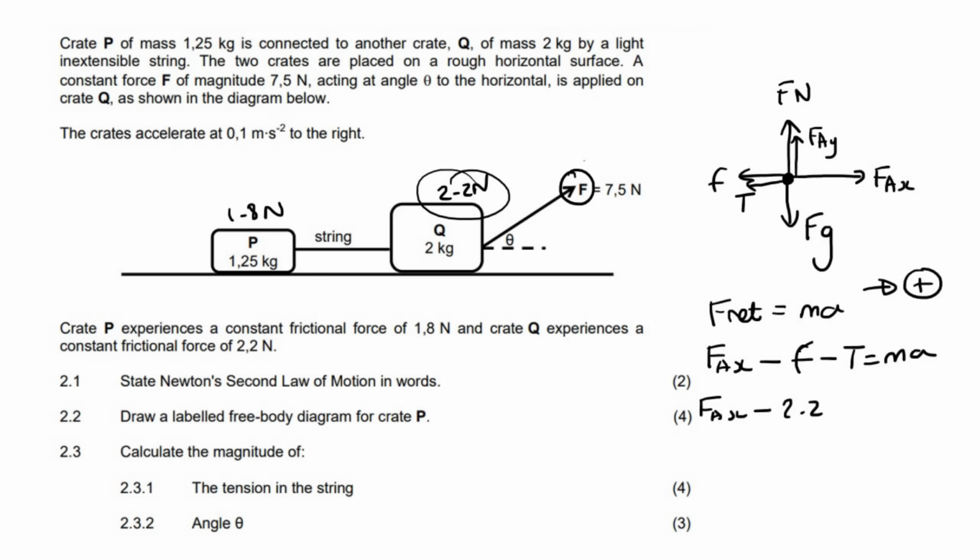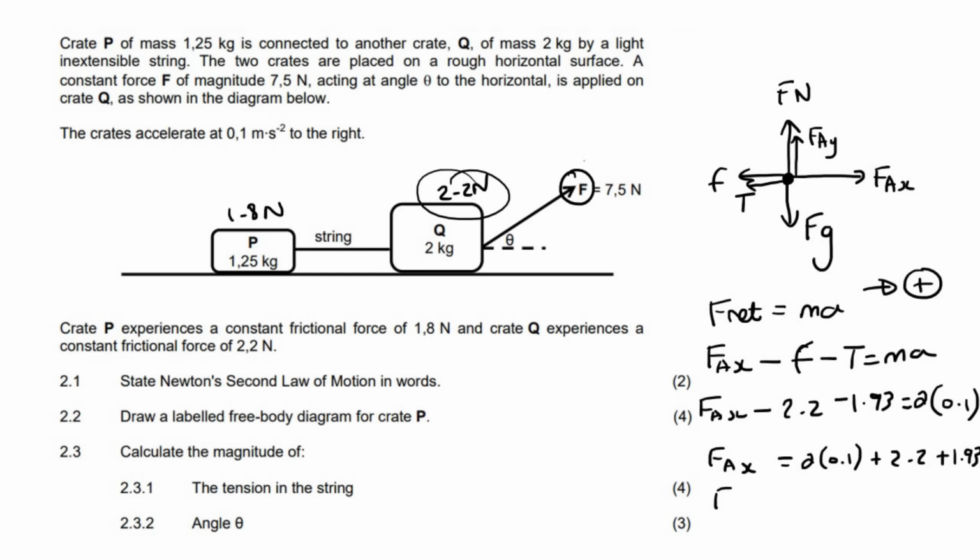And so the tension in the rope that we worked out earlier, what did we get, guys? 1.93. So we'll say here minus 1.93 equals the mass of that object times the acceleration, which is 0.1. Now we can get F applied in the X direction by itself, plus 2.2 plus 1.93.